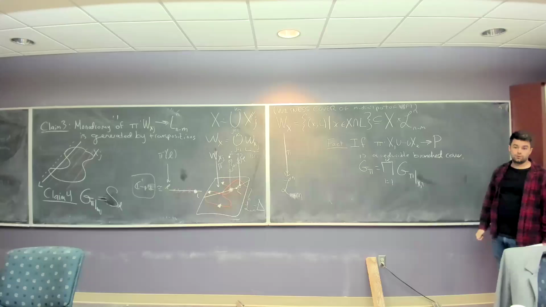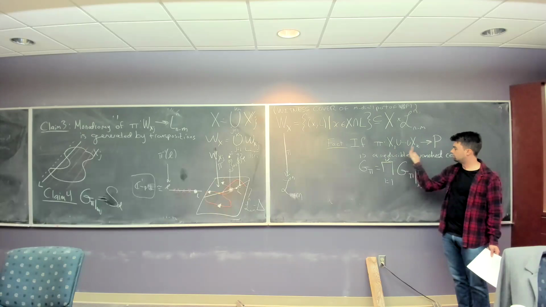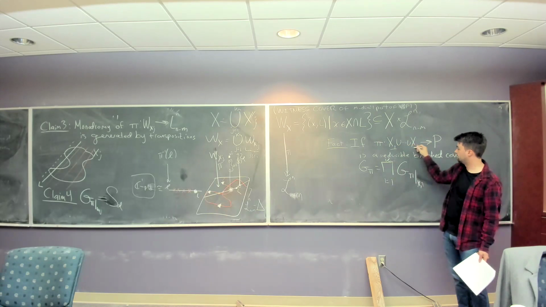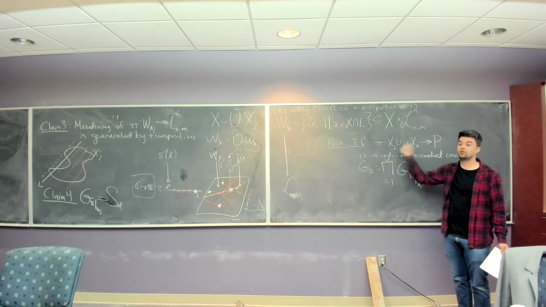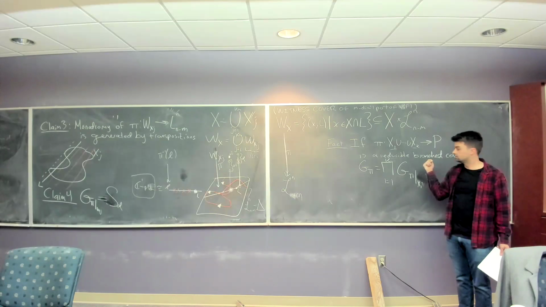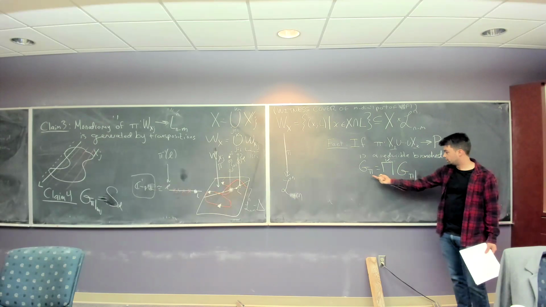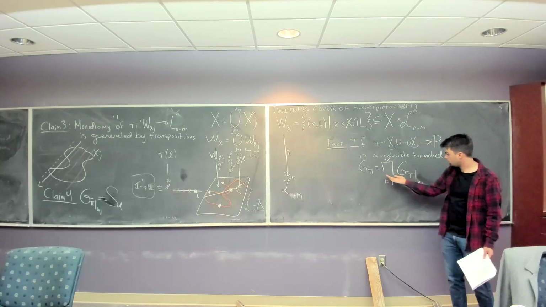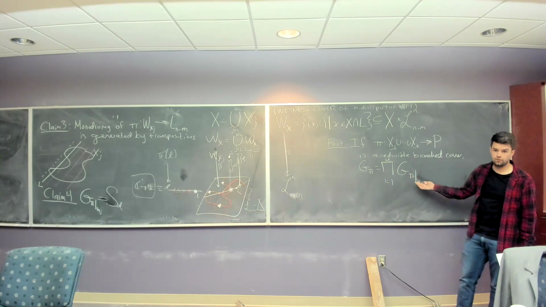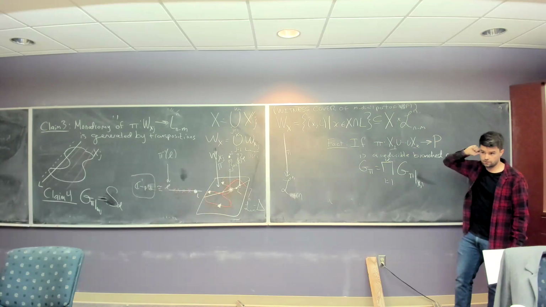So if you have a reducible branch cover, then you can understand what happens monodromy-wise by understanding what happens on every irreducible part of that reducible branch cover. The monodromy group as a permutation group is just a direct product of the monodromy groups of all the restrictions to the irreducible parts.